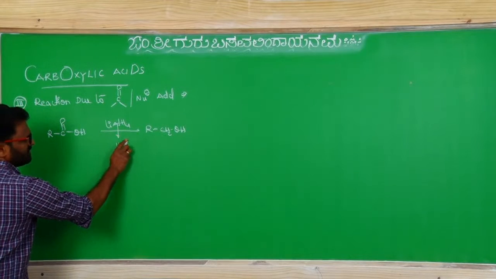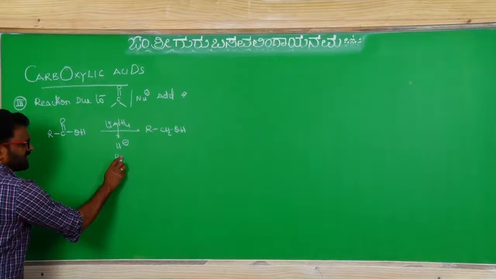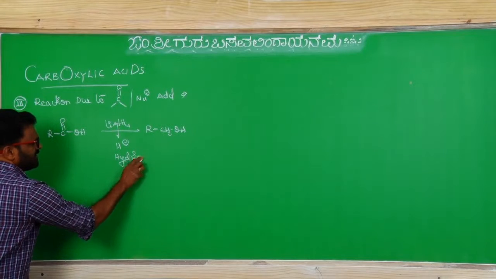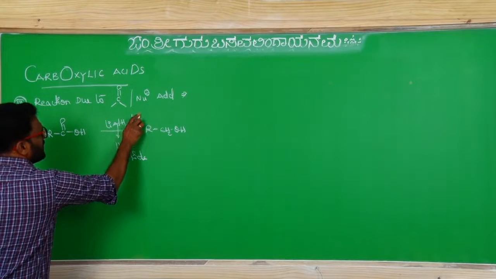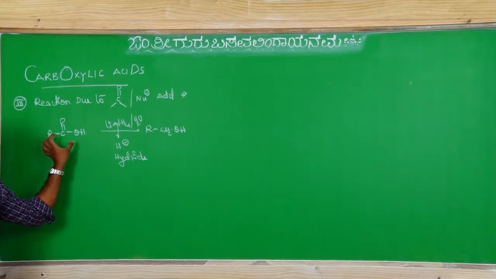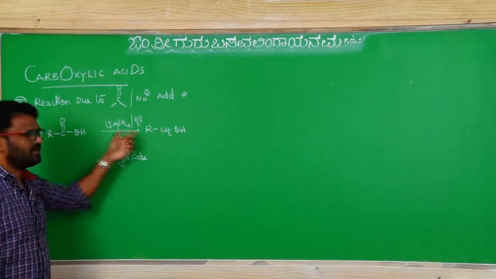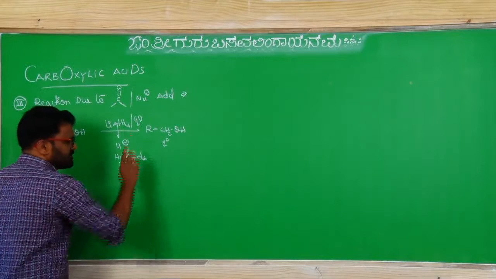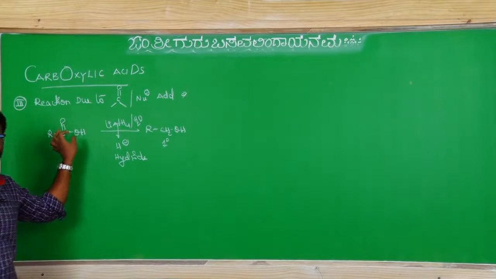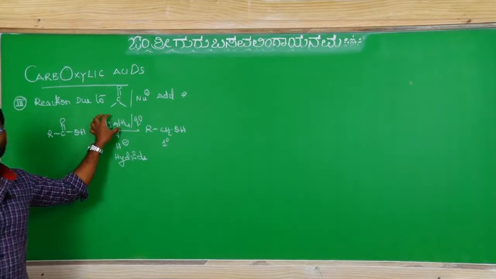Lithium aluminum hydride will produce H minus, so the hydride ion is the nucleophile, followed by hydrolysis. You get the carboxylic acid converted into alcohol. Always primary alcohols: reduction of carboxylic acids and aldehydes always gives primary alcohols with lithium aluminum hydride.